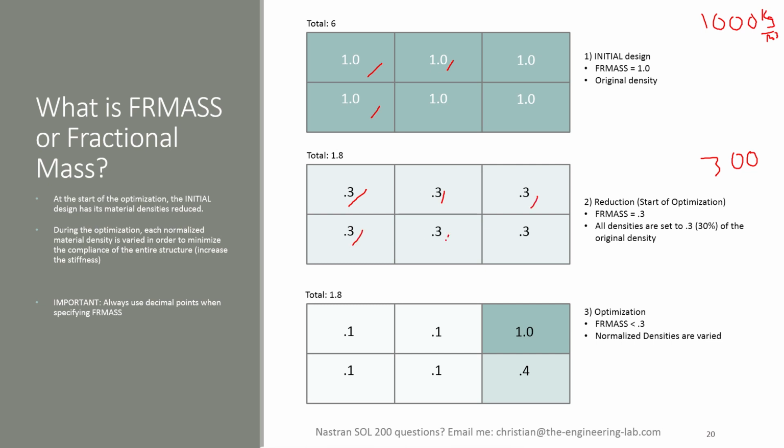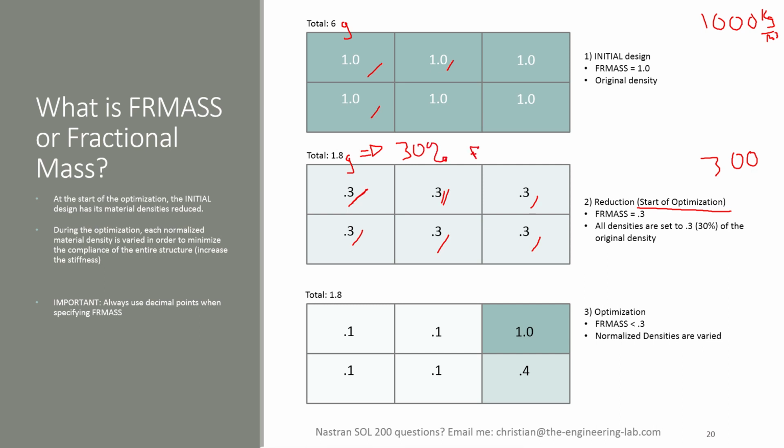It is from this reduced state that it actually starts the optimization. It starts from here because the total mass here is 1.8, before it was 6. This total mass, because of the reduction in the material densities, is now 30% of the original mass.